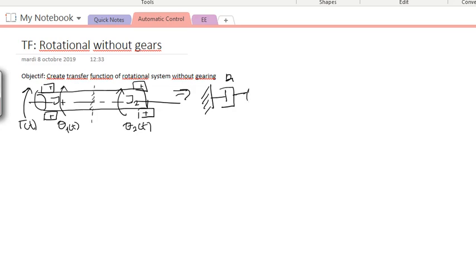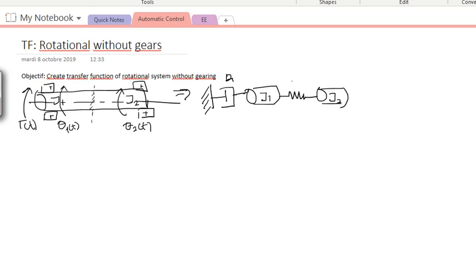And then you have, of course, your shaft, your inertia J1. And then in between J1 and J2, you have a torsional force. What is a torsional force? It is a force where the more angular difference you have, the more force you create. So it is similar to a torsion spring force, right?